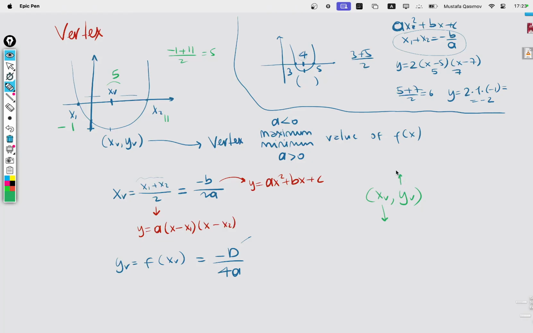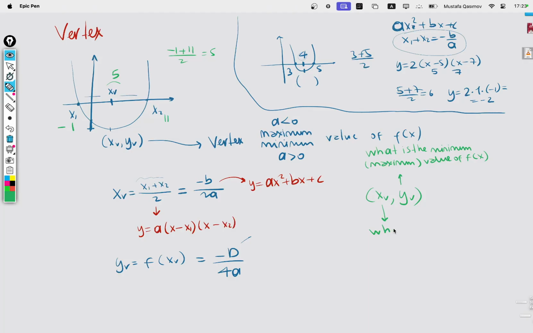If it asks what's the minimum or maximum value of f of x, you have to find y vertex.